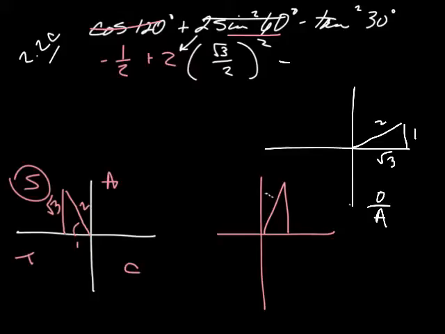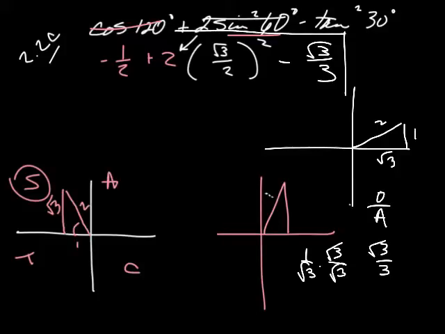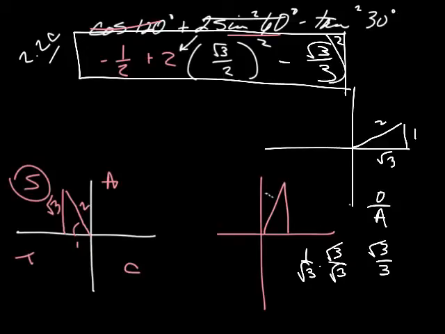So let's do this. 1 over square root of 3. We have to multiply top and bottom by square root of 3 over the square root of 3 and get the square root of 3 over 3. So that's minus the square root of 3 over 3. So there is my math problem right there without any trig stuff in it. Oh, and this has to be squared.